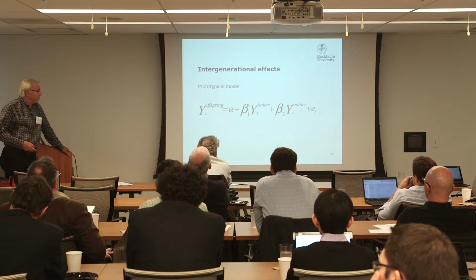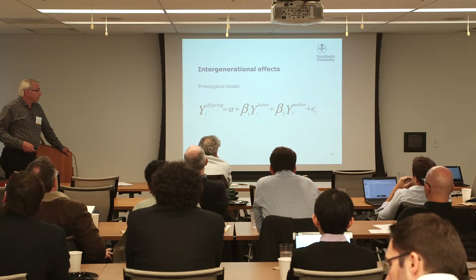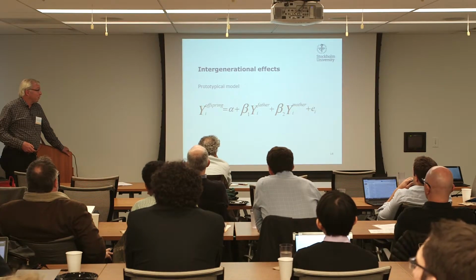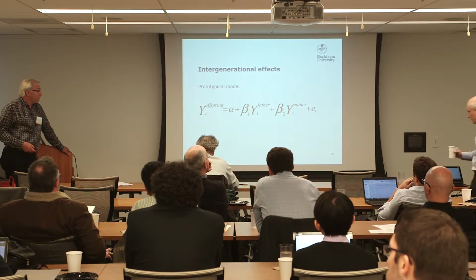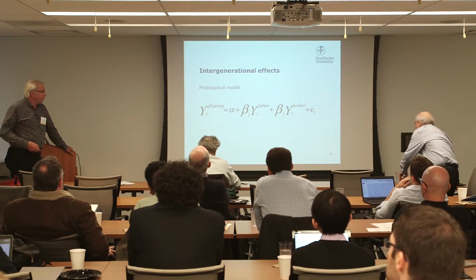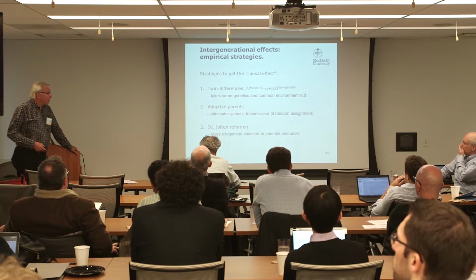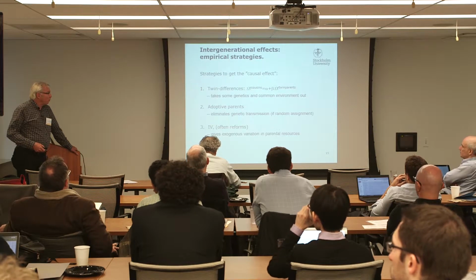So here for the prototypical model, it's very important that both parents should be there, because there could be causal effects of both mother and father. So the model sometimes looks a little bit different. There is now a quite large number of studies that try to get the causal effect.